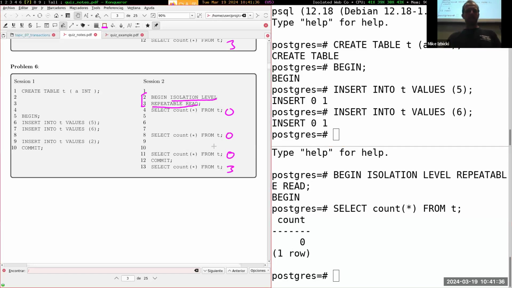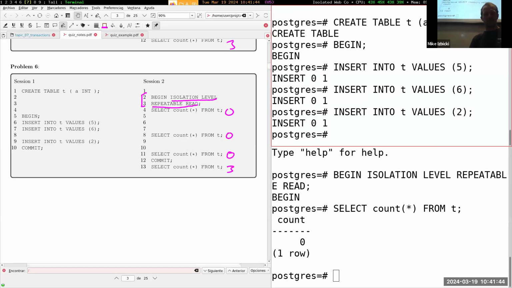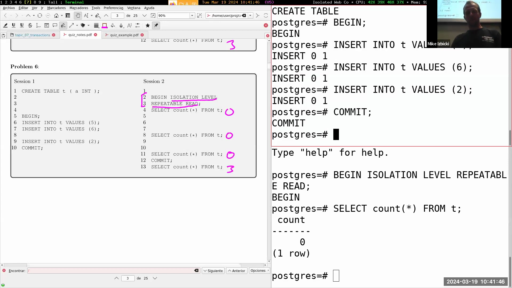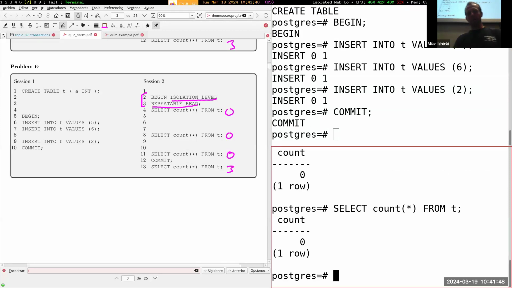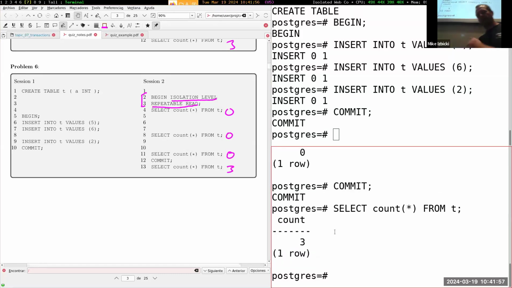I get a 0. I'll finish this problem out, insert into t values 2, hit enter, commit. Down here, I'm still going to get this select count star of 0 because I have this repeatable read right here, and commit, do this, we get a 3.